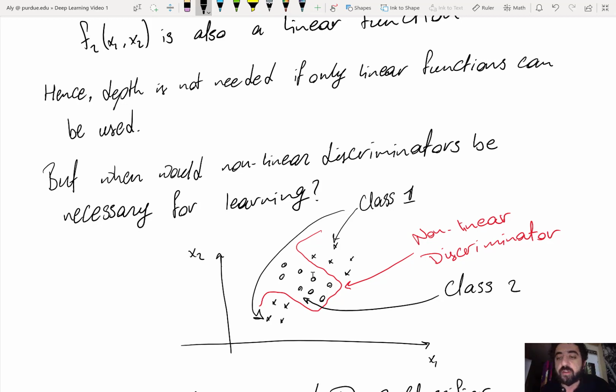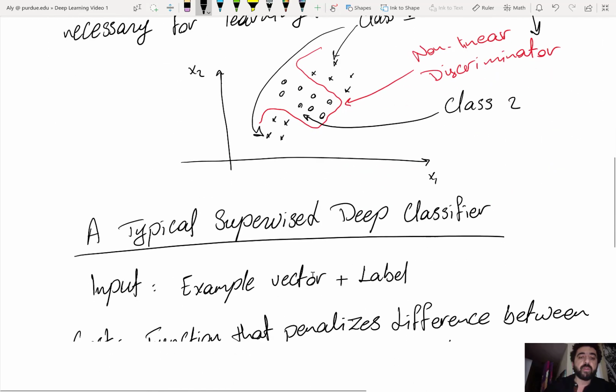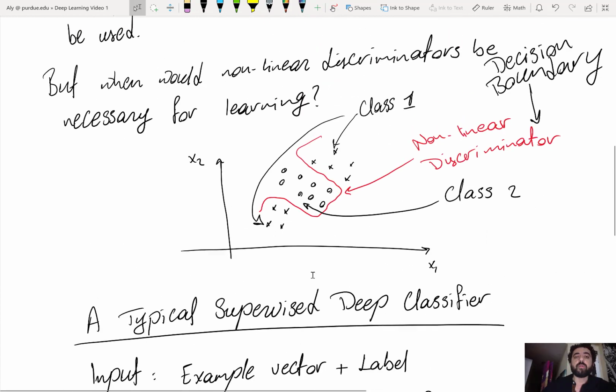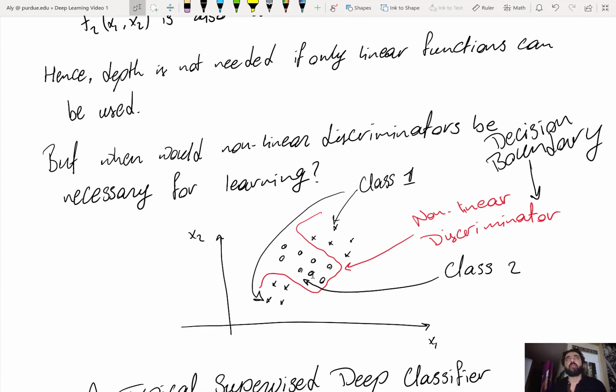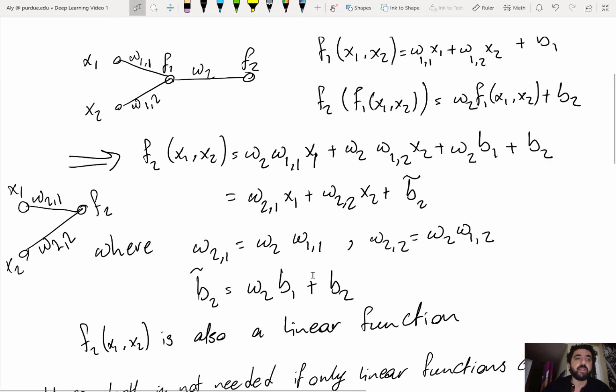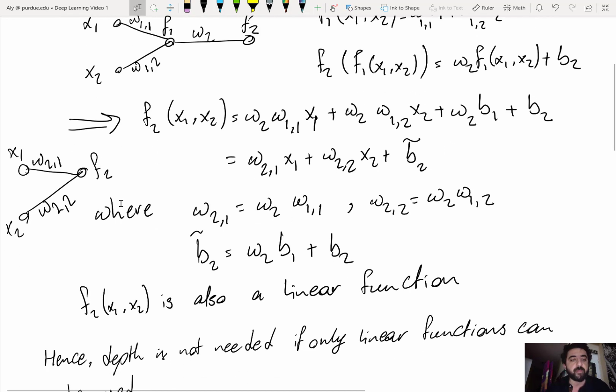Another word for a discriminator is a decision boundary. So this is why depth can be useful, because we need nonlinear discriminators, and when we have nonlinear discriminators, it's no longer the case that a two-layer network is equivalent to a single-layer network. It's not necessarily the case. It might be, but that would be a special example.